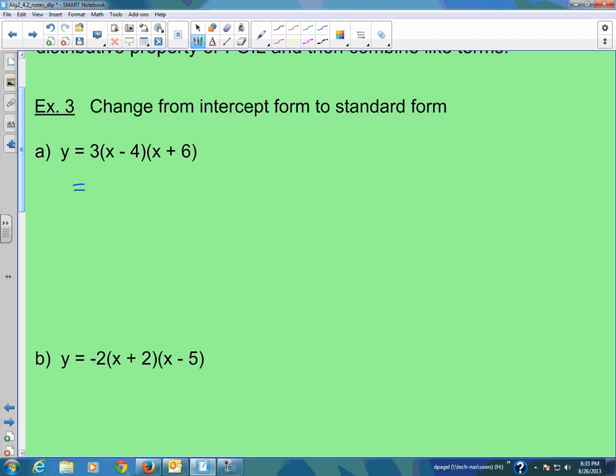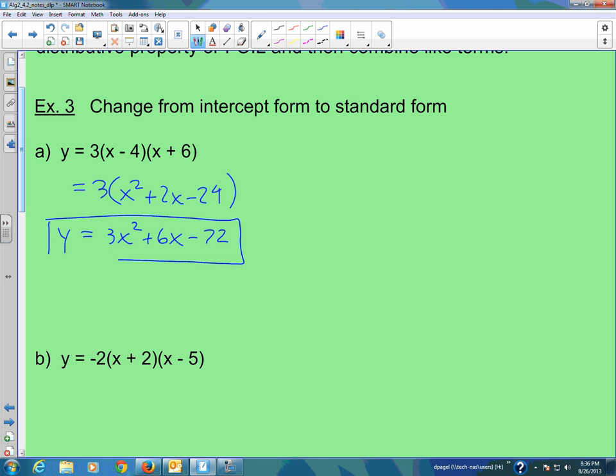So what we do here is we just simply distribute this stuff. I'm going to keep my coefficient out there of 3, and I'm going to work with the x minus 4 times an x plus 6 quantities here, these two binomials. And I get an x squared plus a 2x minus a 24, if I were to go ahead and expand those out. And then distribute that 3, and we are now in standard form.